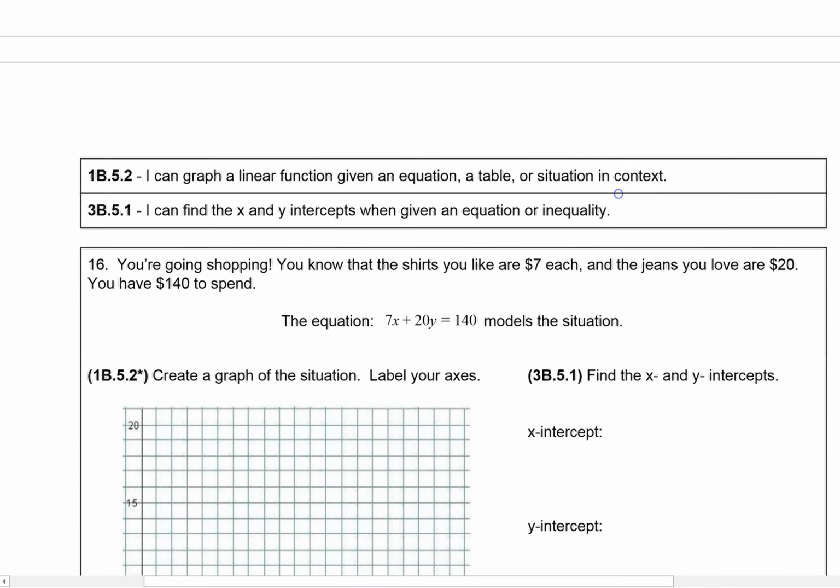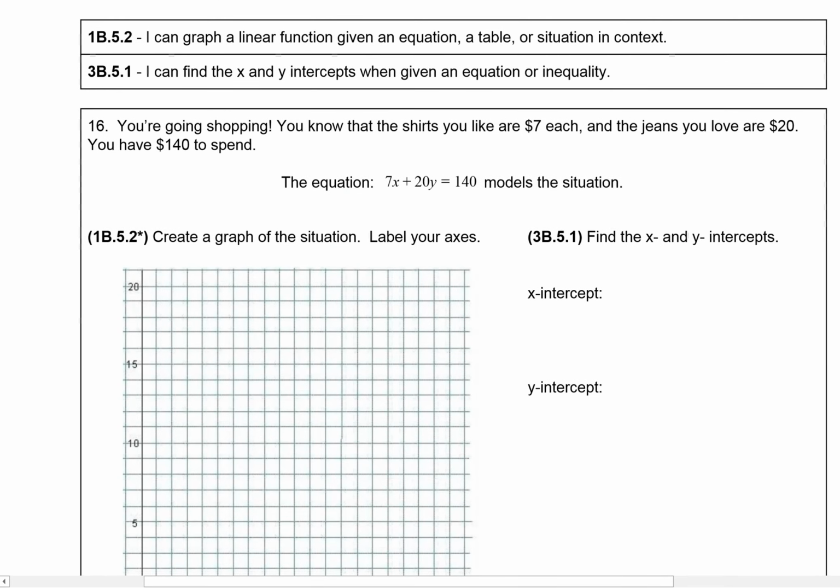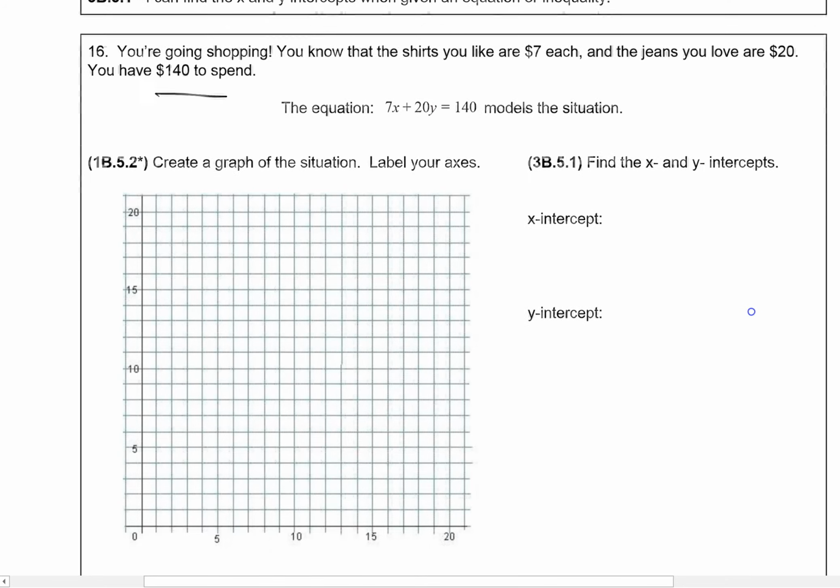One last problem here. We have number 16, and they want us to go ahead and put a real world problem together. You're going shopping. T-shirts are $7 each. The jeans you love are $20. You have $140 to spend. So you have 7x plus 20y equals 140.